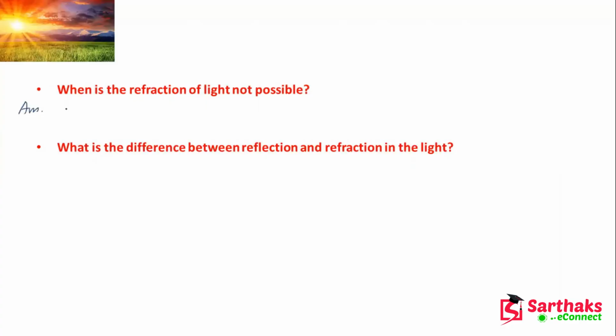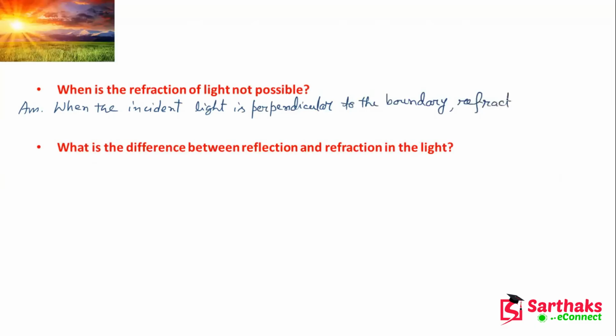When the incident light is perpendicular to the boundary, refraction of light is not possible. At that time, there will be total internal reflection.